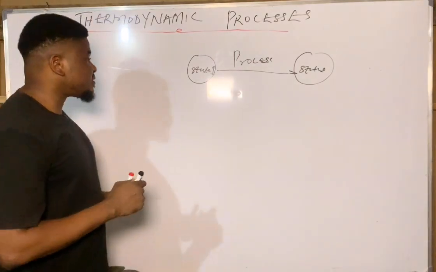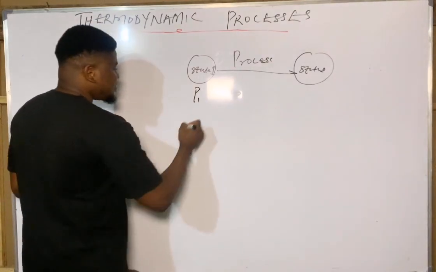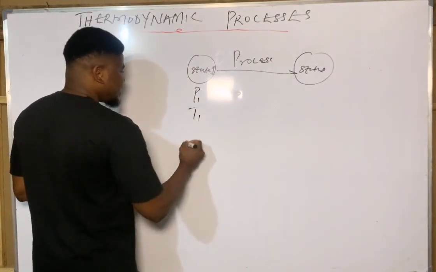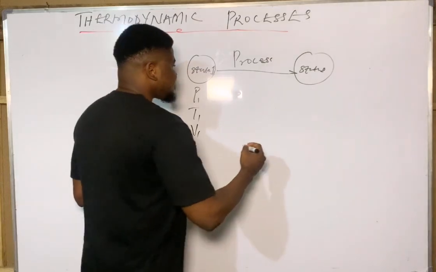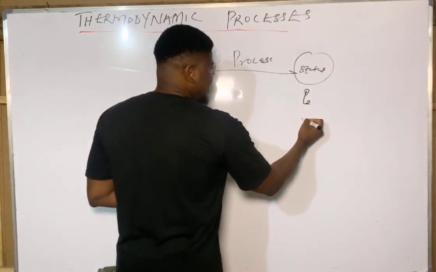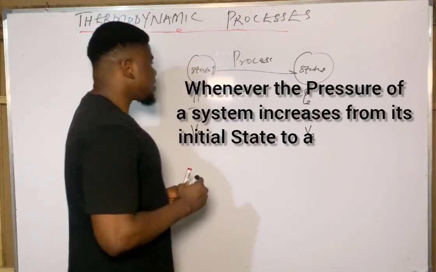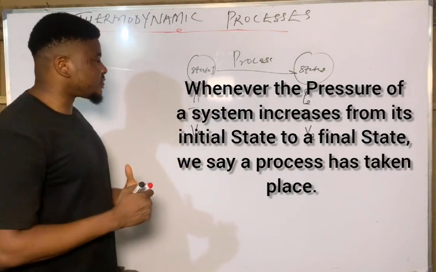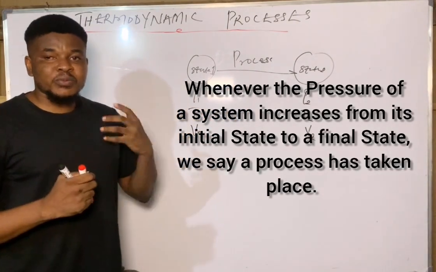So for the first state, the pressure can be labeled as P1, the temperature as T1, and the volume as V1. And for the second state, the pressure can be labeled as P2, the temperature as T2, likewise the volume as V2. So whenever the pressure of a system increases from its initial pressure to the final pressure, we simply say a process has taken place.